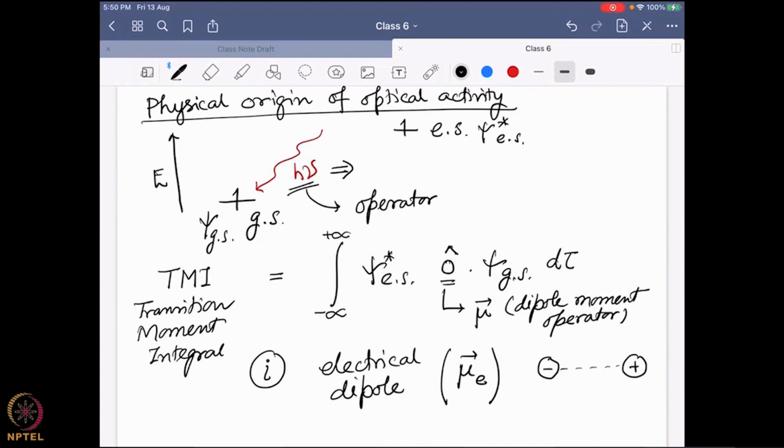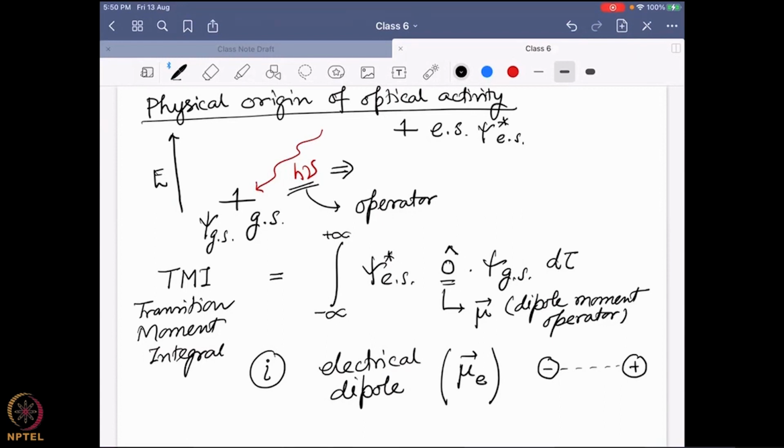If it is a sphere of electronic field, there is no difference in the electronic distribution. But say it is an irregular shape. Irregular shape means somewhere you have more electron density than in the other region. So in one region you have more electron density, negative, and the other region has a lack of electron density, or positive, so you create a dipole. That kind of thing can happen. And this electrical dipole is the easiest thing to develop in a molecule, so that's why this is the most dominant one when we come to this transition moment integral operator.